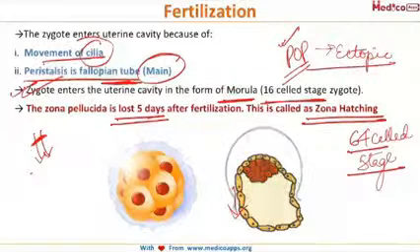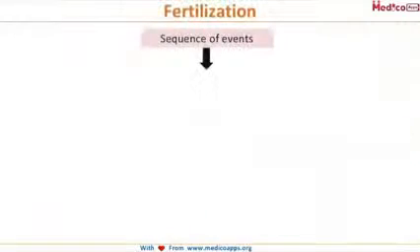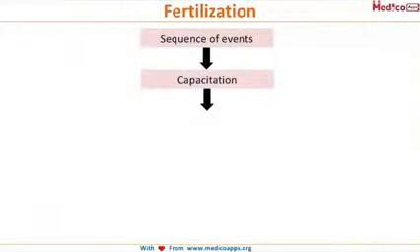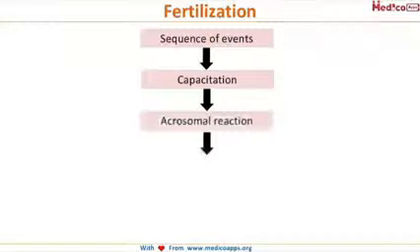Now if we sum up the sequence of events that are occurring in fertilization. So first, capacitation occurs. The sperms become now capable of fertilizing the ova. They go and attach to the zona pellucida, and it causes the release of enzymes from the acrosome of the sperm, which is called acrosomal reaction.